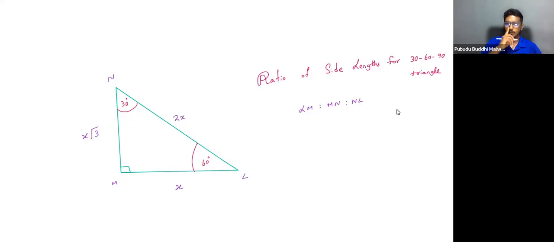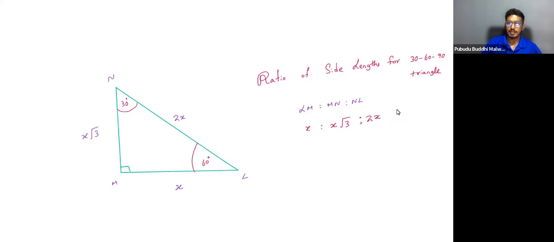So I'm going to write these lengths in terms of x. So basically, x, square root 3 x, 2x. I would like to simplify this.